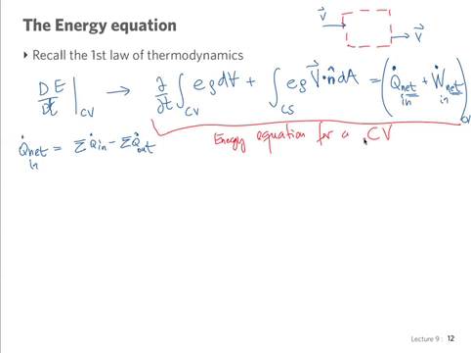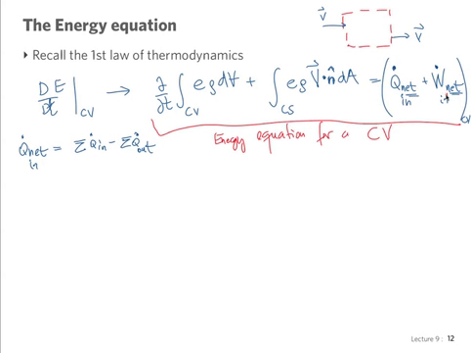And what we're going to do is look at the different sort of terms that could come in. Many times in the fluid mechanics course, we're going to forget about the heat. We're not going to worry very much with heat in our systems, unless it's sort of a given. But we are going to worry a lot about work.